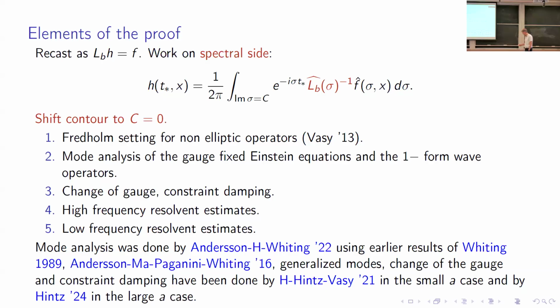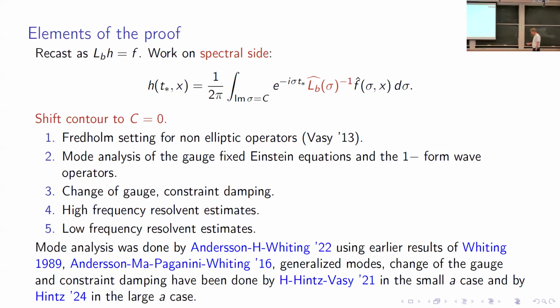Okay, so the mode analysis I have done with Lars Andersson and Bernard Whiting. And this uses, of course, the initial result of Whiting and some results by Andersson, Ma, Paganini, and Whiting. We also use the classification of gauge invariance for linear perturbations of Kerr by Andersson and different co-authors.